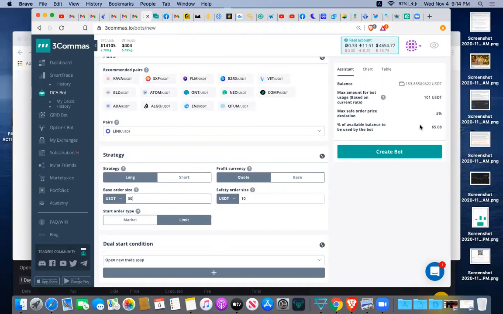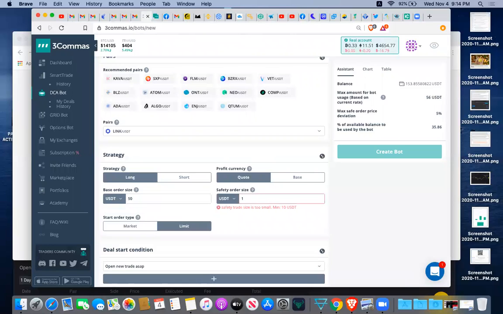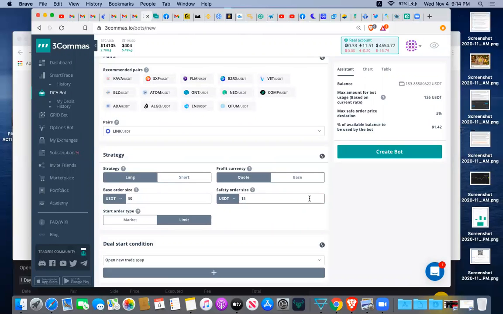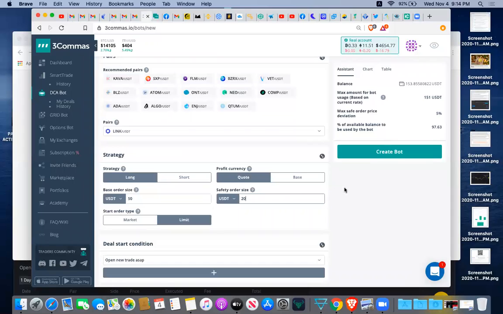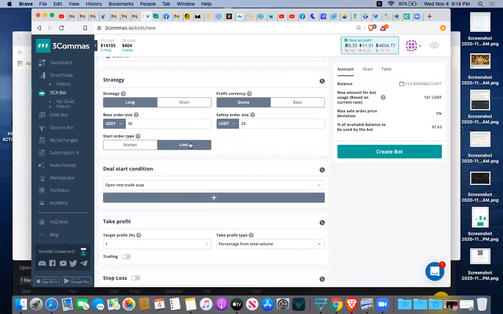So you say $50. Now safety order, maybe you say $15, okay, or $20. Will it be enough? Okay, yeah. So $20. You now say limit. All right, open new trade as soon as possible.